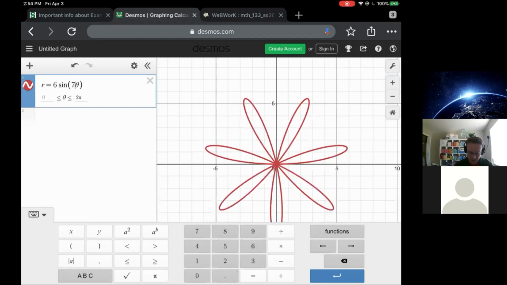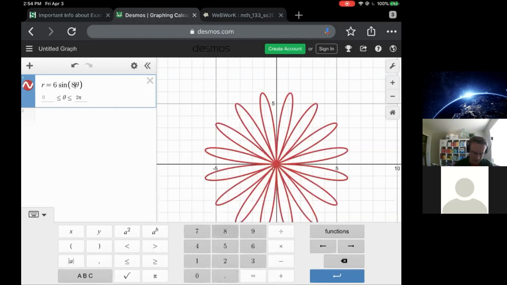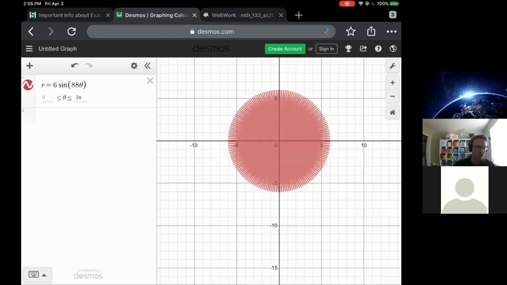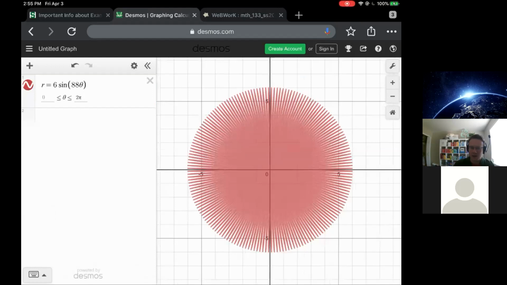So you can go 6, 7, oh, wow, I did 88. Anyway, so yeah, here's where you can experiment. Desmos is great for this as far as how you get more leaves. And of course, that 3, we saw the 3 leaves, and so it was a natural guess anyway to change that number there.